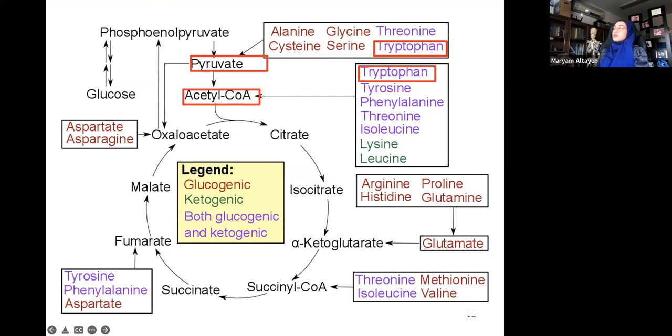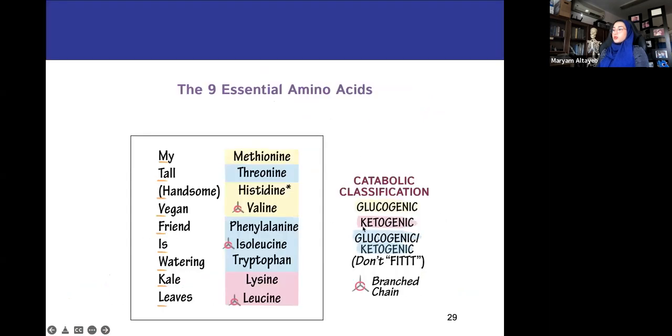And they can also be converted, at least for the FIT mnemonic, so phenylalanine, isoleucine, threonine, tyrosine, tryptophan, into pyruvate as well. So that makes them both ketogenic and glucogenic. And again, the only ketogenic ones are lysine, leucine. So those are easy to remember. FIT is for the both, and all of the rest are just exclusively glucogenic, which are most amino acids.